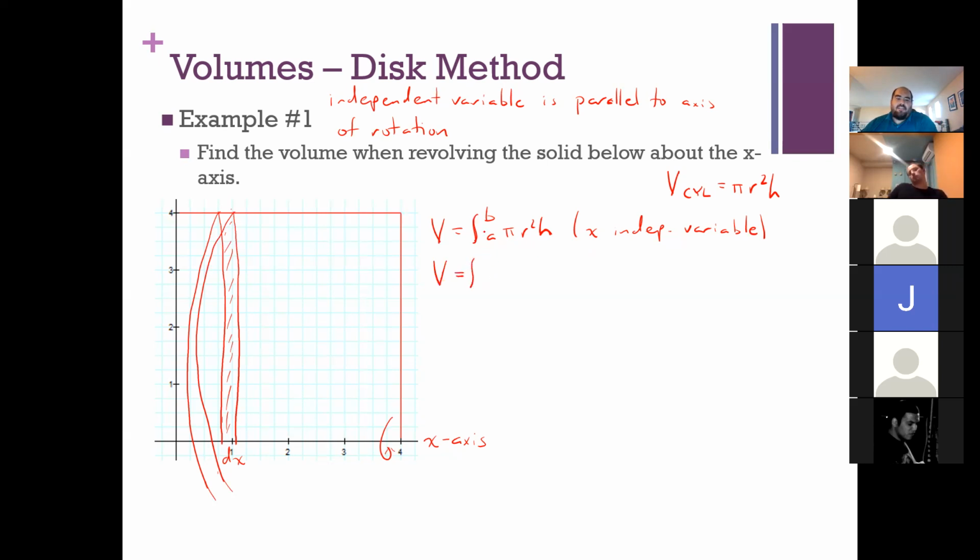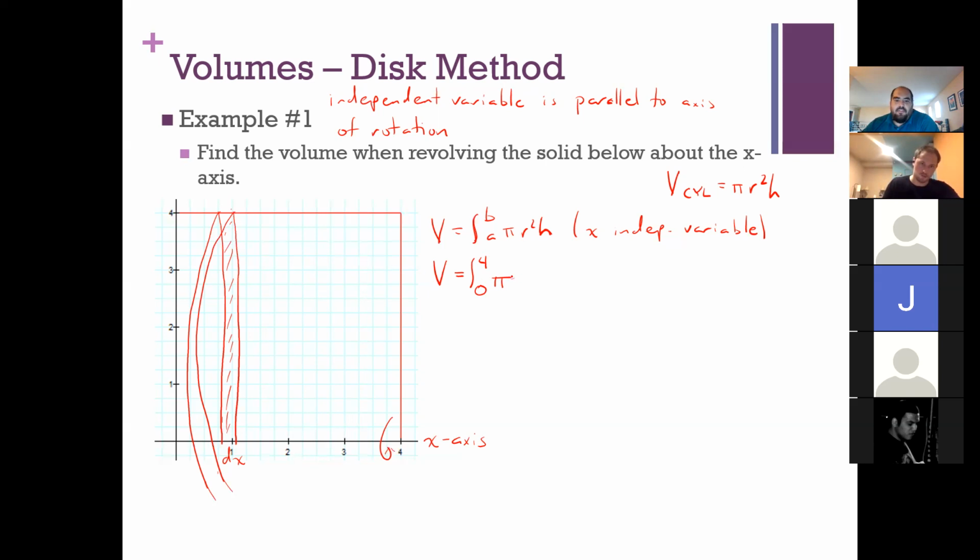First thing, what interval am I going to be integrating on? What does it make sense for my values of a and b to be? 0 and 4. So integrating from 0 to 4. What's our radius going to come from here? f of x.